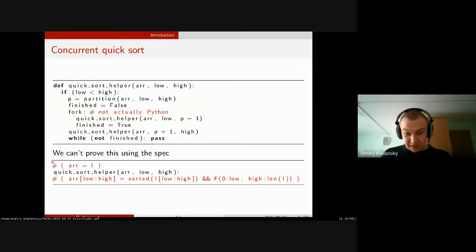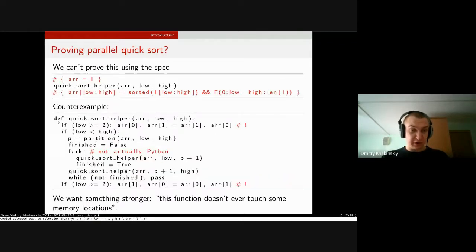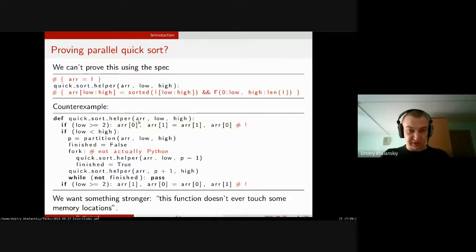Okay. The problem is we can't use just simple Hoare triples without separation logic to prove this function using this spec. Why can't we do that? Because here's a counterexample. A quicksort helper that for some reason messes up the order of some array elements that it shouldn't have any access to.